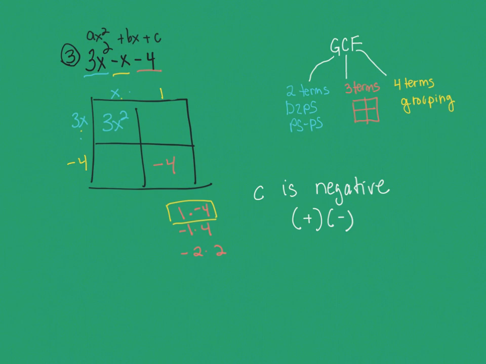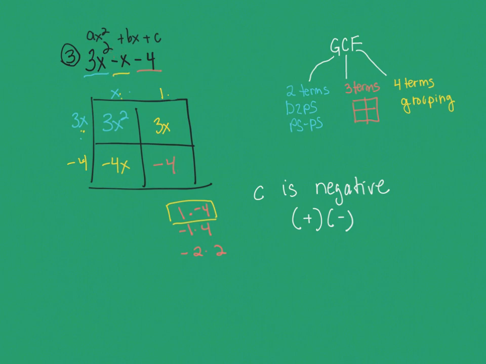If we have a negative 4 times x, negative 4x. If we have a 3 times 1, 3x. And so let's check. Once again, there's our 3x squared. If we combine here, this is going to give us a negative 1x, which is what we want. And there's our negative 4.